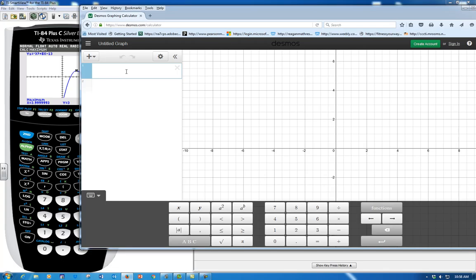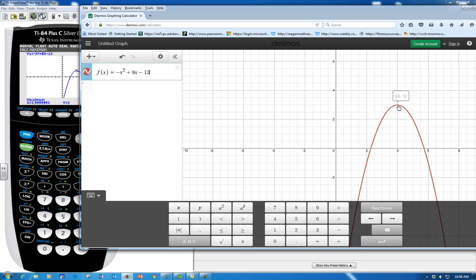Make sure that you're typing the y with it, or the f of x. So I'm going to type f of x equals -x squared plus 8x minus 13. And notice we have a parabola here, just like we had on our calculator.